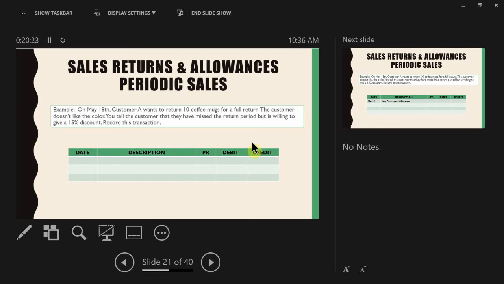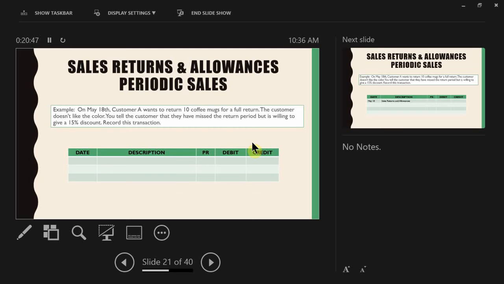So don't be too quick to just give them their refund and call it a day. Especially in situations like this, we can haggle. That's the beauty of being a small business shop: you can haggle your prices, or convince your customer to keep the product. So in this case, that's where the allowance is.